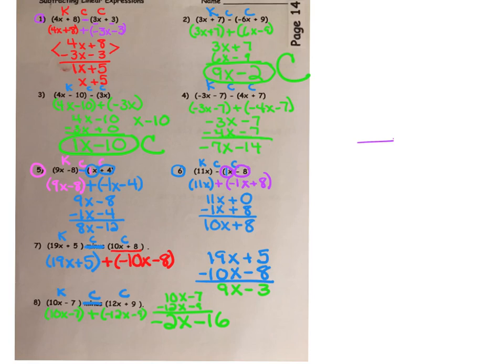For number 4, give yourself a C if you have negative 7x minus 14. For number 7, you should have 9x minus 3. And lastly, for number 8, you should have negative 2x minus 16. This concludes page 14.